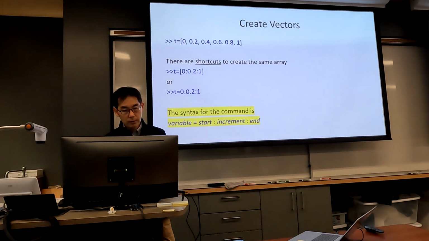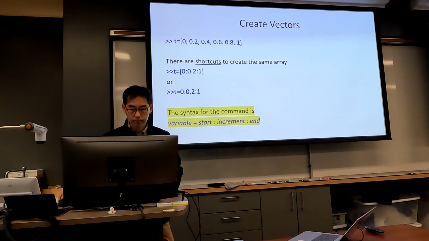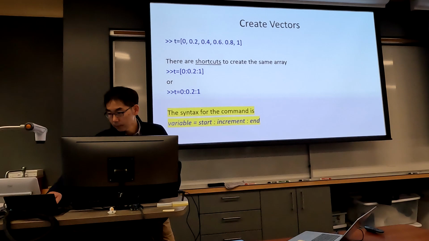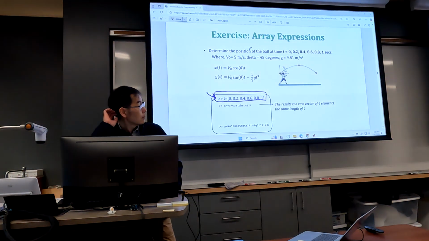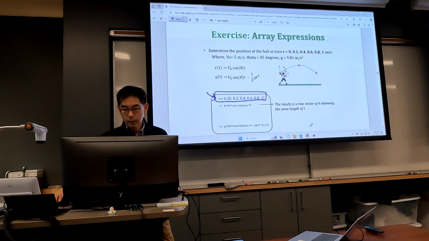Can you just change your t to a vector, then run your program and see what the result looks like?